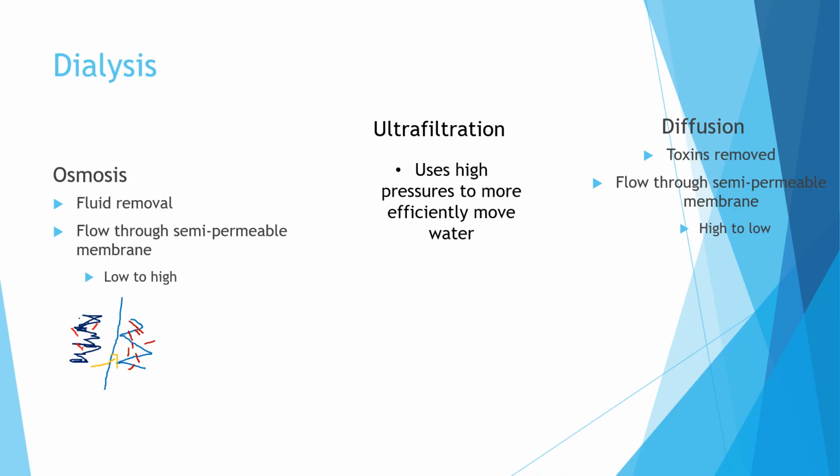And then ultrafiltration is going to use pressure. So when we are dialyzing, we have fluid. Our dialysate goes one direction, not like the band. One direction. Oh gosh, that's awful.